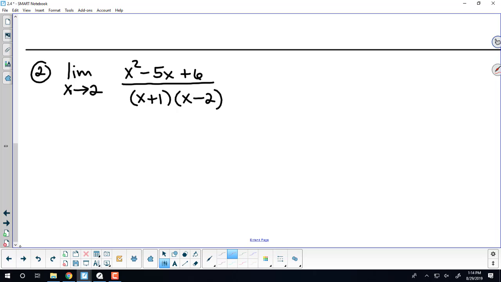Now, initially what I see is that if I plug in 2, I'm dividing through by 0. But if I'm dividing through by 0, does that always indicate that I have a vertical asymptote there? No, and we know that just from a pre-calculus standpoint. In order for it to be an asymptote, it can't cancel out with a factor on the top, right? So that's what we should do here. We should factor the numerator and see, does anything cancel before we just assume that it's a vertical asymptote.